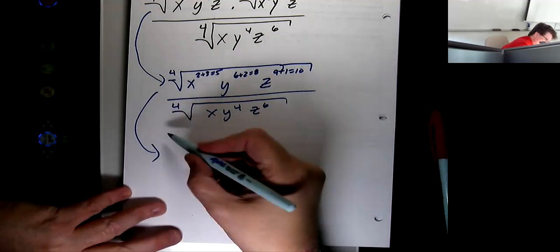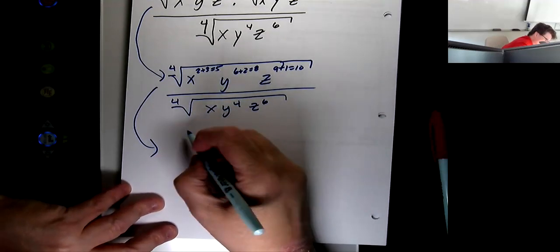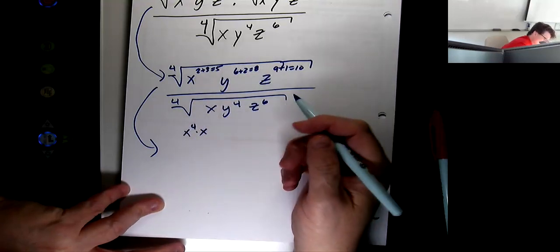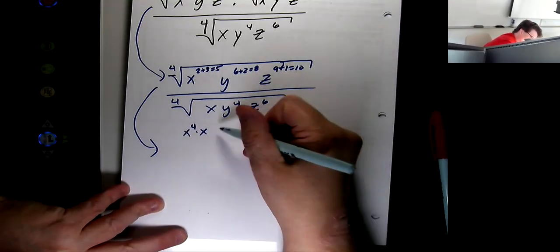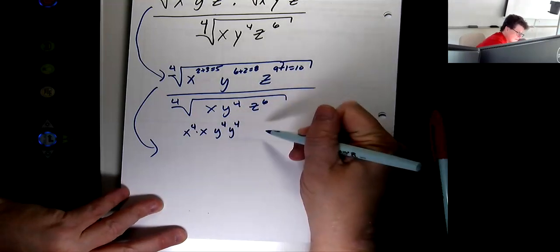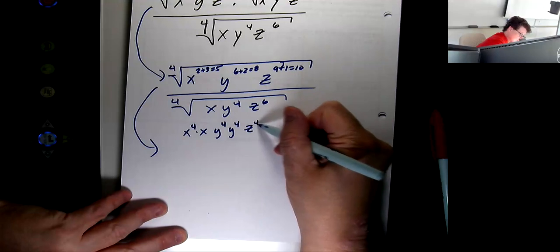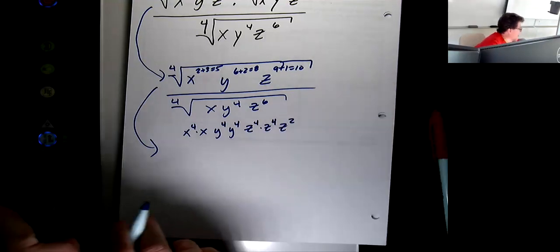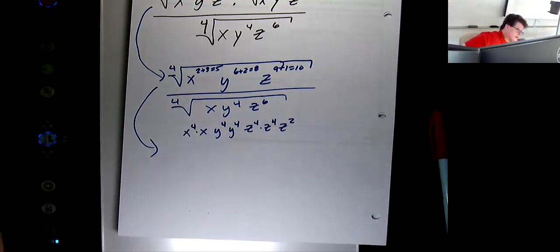So we're going back to the top still. We've got x to the fourth times x, y to the fourth, and z to the fourth and z squared. And your remainders should be x and z squared.